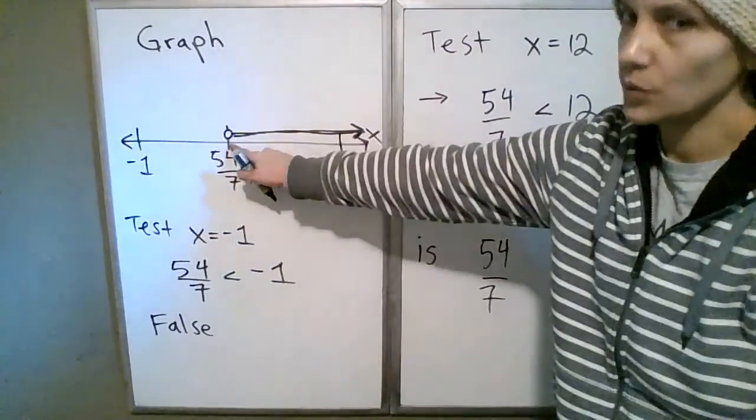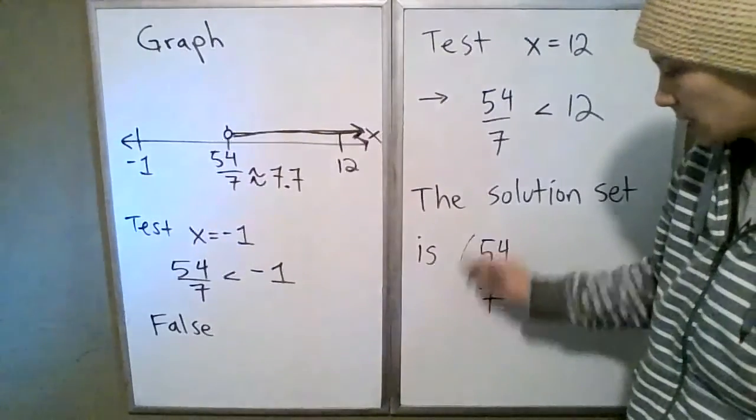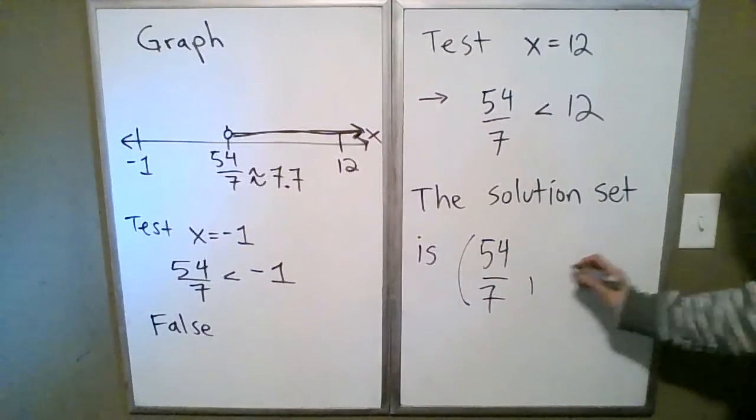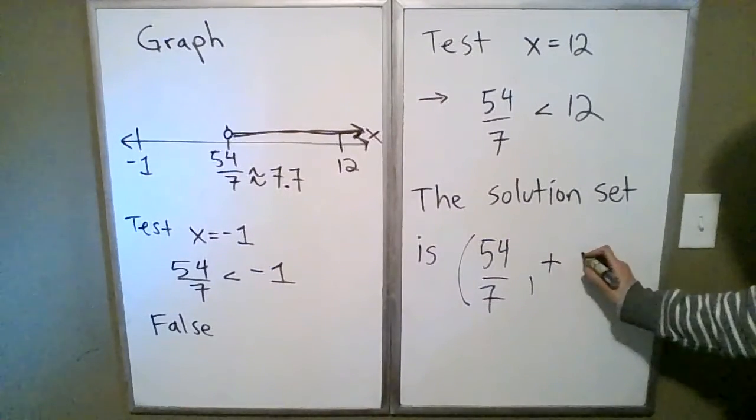Okay, you're not including that end, so it's got a parenthesis. Go over to positive infinity, and that one also always has a parenthesis on the side.